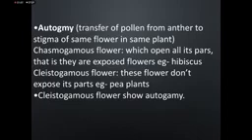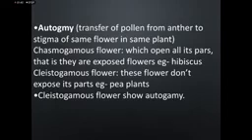Autogamy is the transfer of pollen from anther to stigma of the same flower in the same plant. That means there are two types of flowers present. One is the chasmogamous flower and another is the cleistogamous flower. In a chasmogamous flower, all its parts are open, that is, they are exposed flowers.